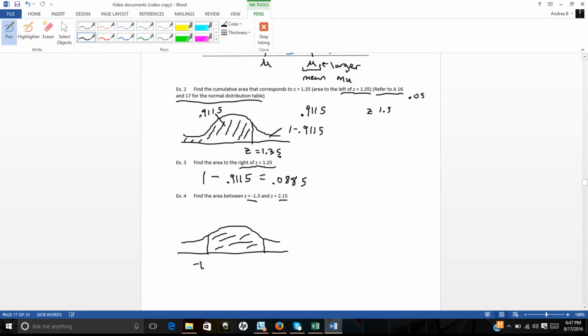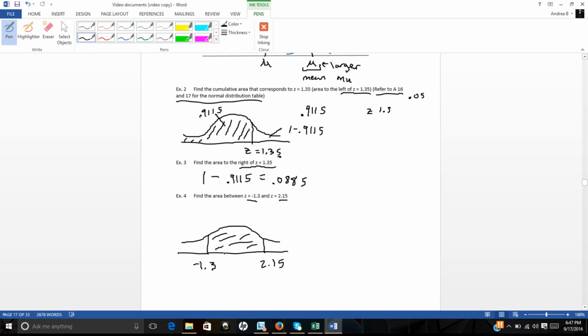So we had negative 1.3. Remember, negative z-scores are less than your mean, so on the left side, and positive are going to be on the right side above the mean. And the mean, once again, is in the center of the graph.